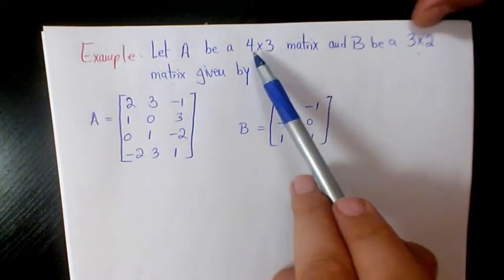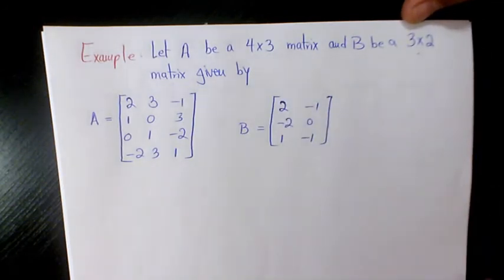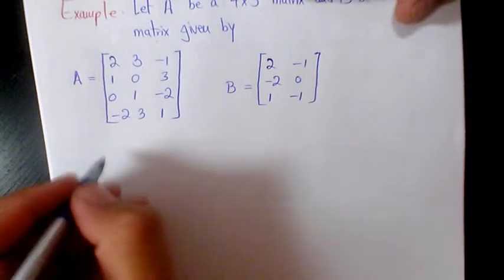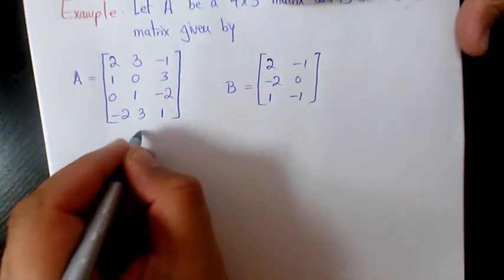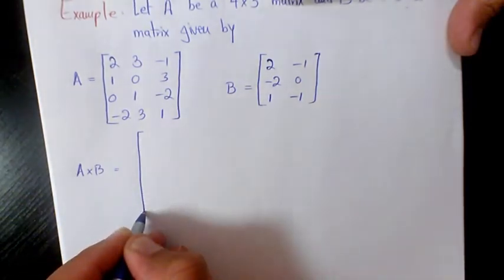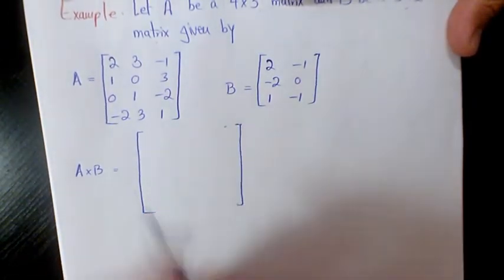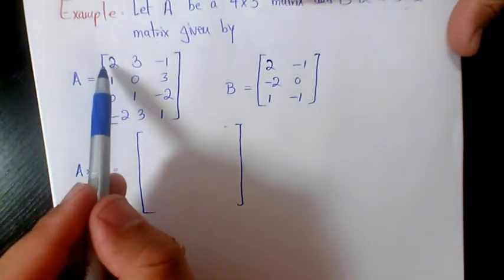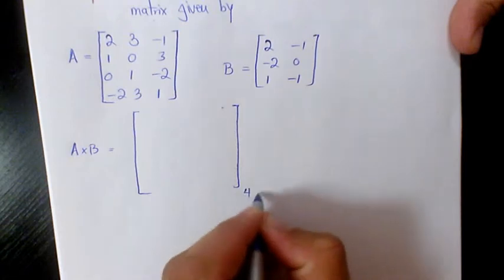It means that the product is going to be 4 by 2. 4 rows, 2 columns. So let's multiply.